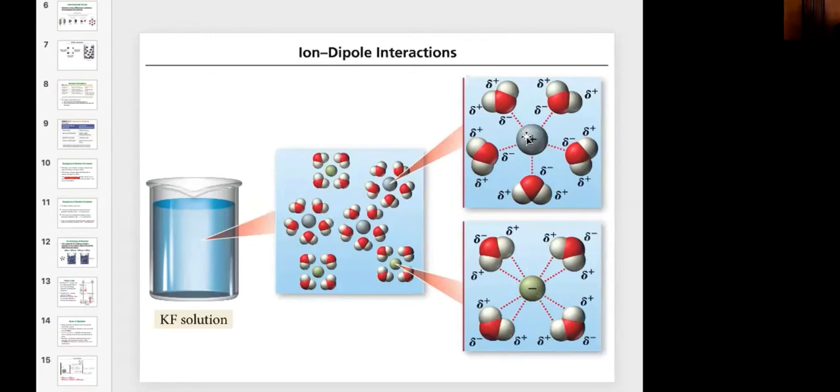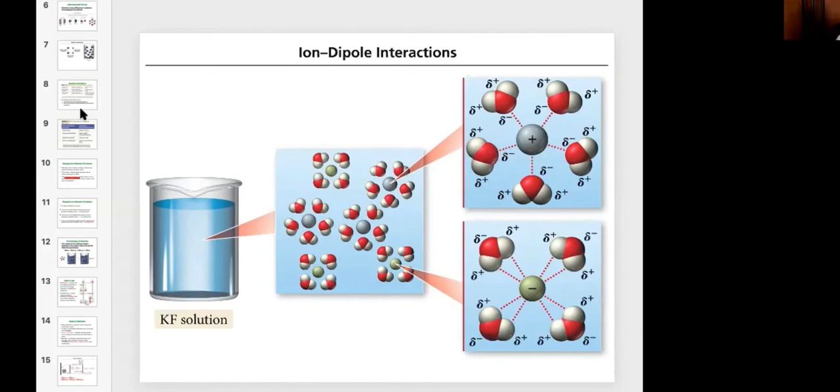And so in order to form an ionic compound in water, I'm going to have to first break apart that ionic lattice. That's my solute, my heat of solute, breaking apart those. I also have to break apart the hydrogen bonding between the water molecules, and then I form these ion-dipole intermolecular forces, where one of these ions is going to be completely surrounded by the polar ends of the water molecules.